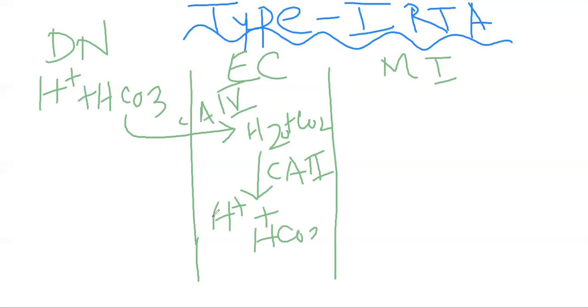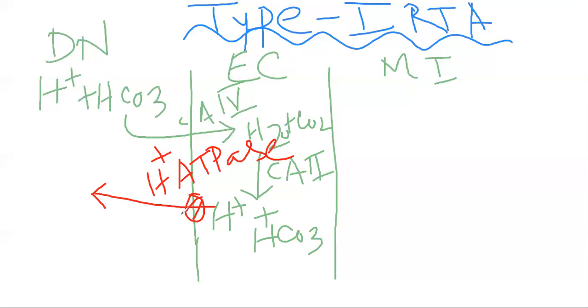Now this hydrogen ion will be shifted into the renal tubule in two ways. One, it can come directly into the renal tubule by the primary active transport system, that is the hydrogen ion ATPase pump.